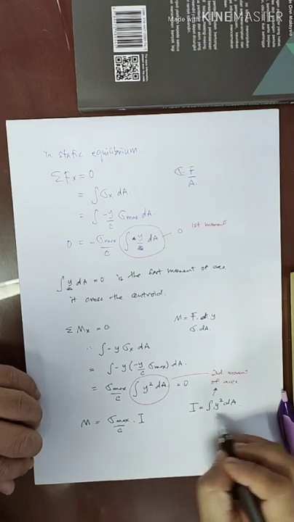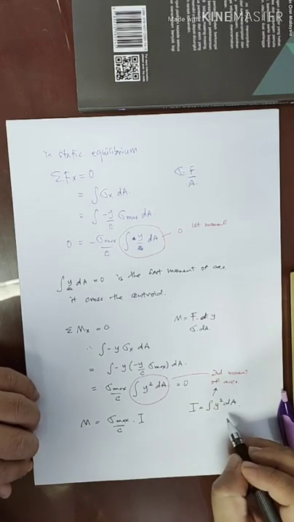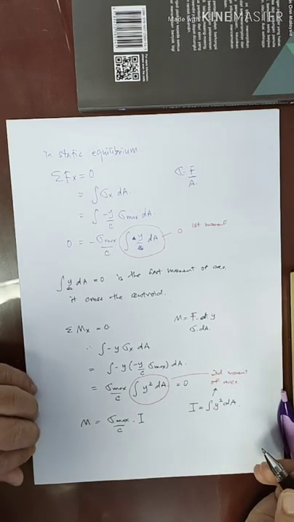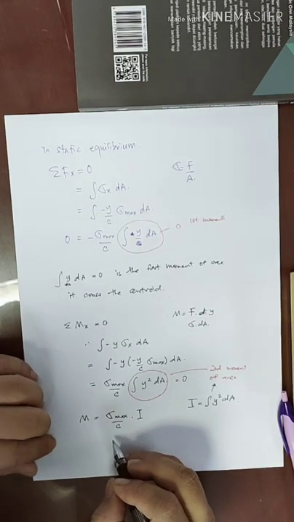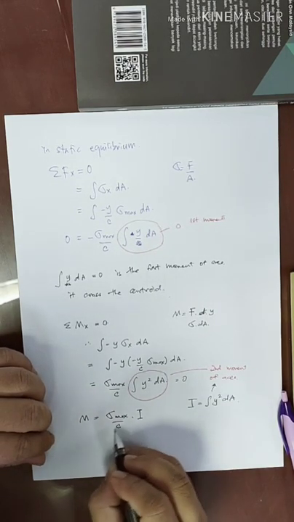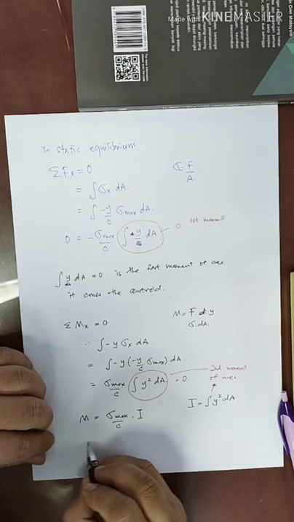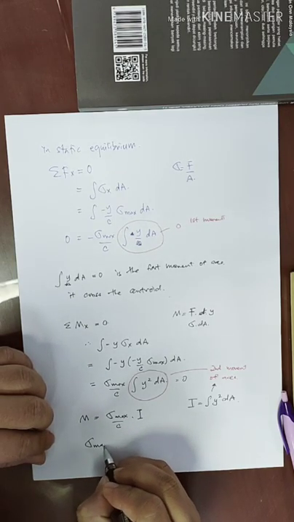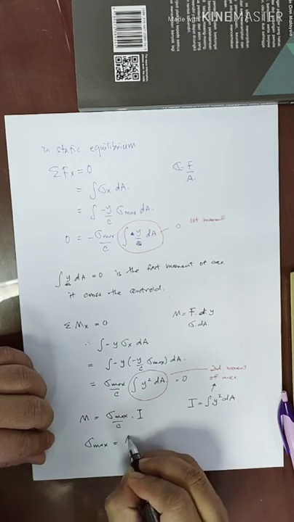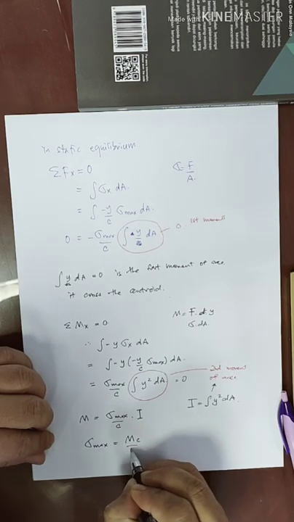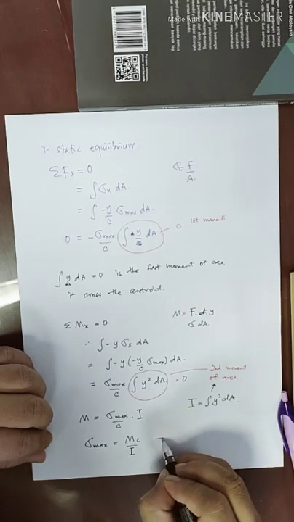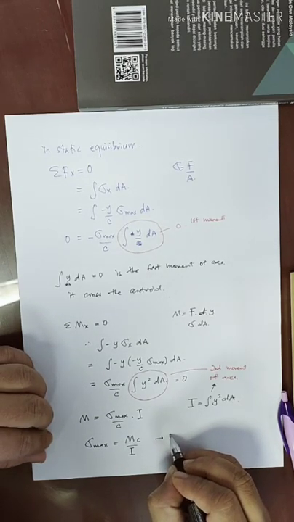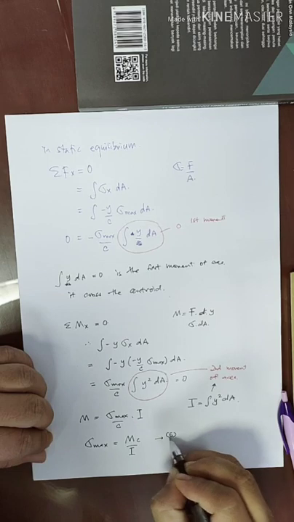We will look into the I in the next session. Finally, we can rearrange to obtain sigma max equal to Mc over I. Number 5.